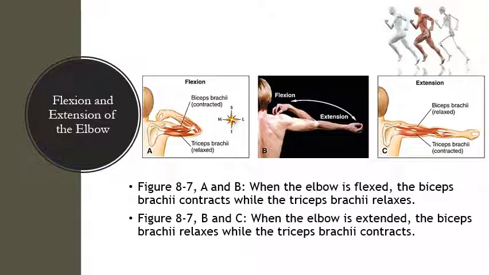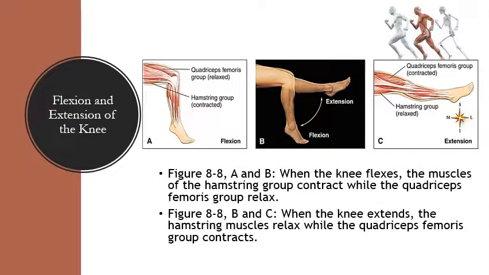Okay, this example is in your book. It's figure 8-7. And it shows the flexion of an arm, the extension of an arm, and see how in the middle it shows the movement. And this is a leg.